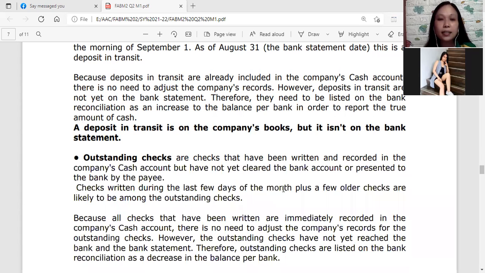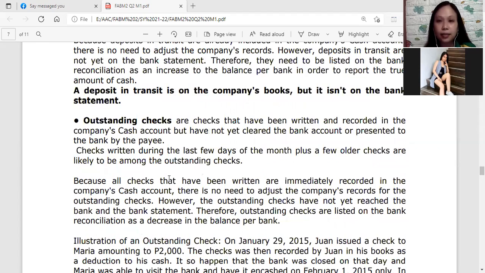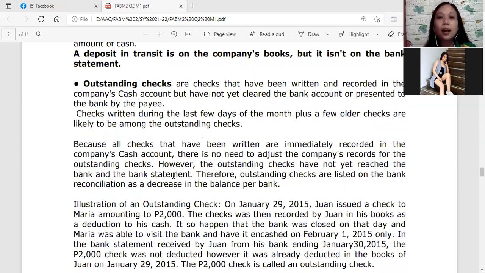Next is outstanding checks. Outstanding checks are checks written and recorded in the company's cash, but have not yet cleared the bank account or been presented to the bank by the payee. It means that the company has already made a check payable to a certain person or another company.